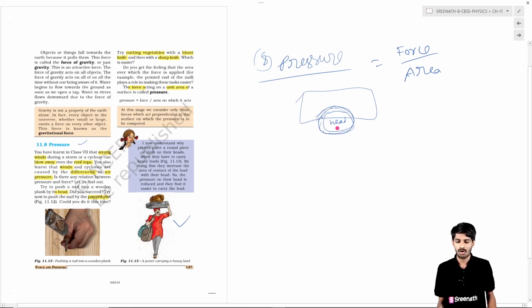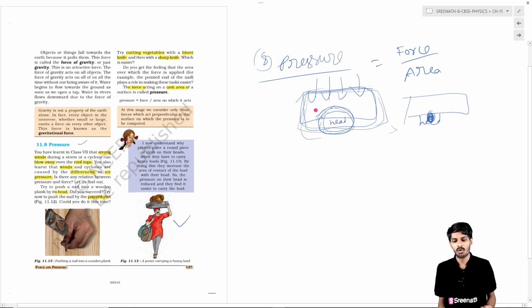If this is not the scenario, if this is the head, and they tied the whole cloth at one point and tried to carry heavy weight, what happens? Just think, or just try it with little weights. What will happen here? The total force acting due to weight is distributed over a larger area in the overall head.